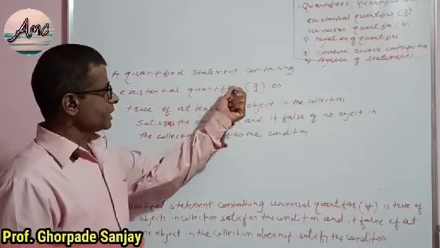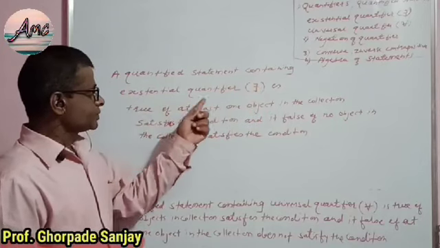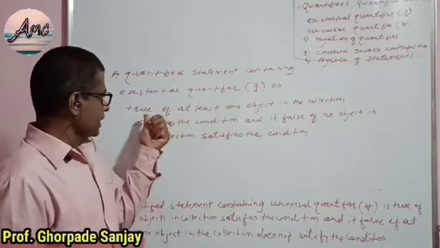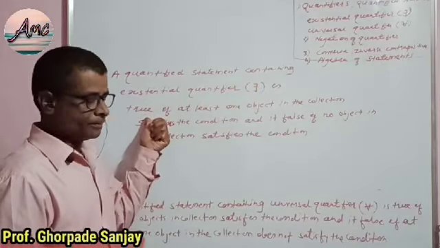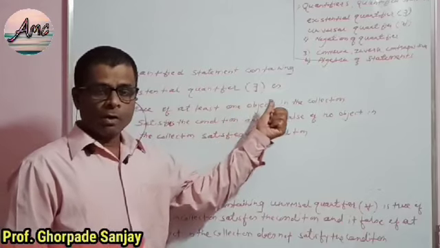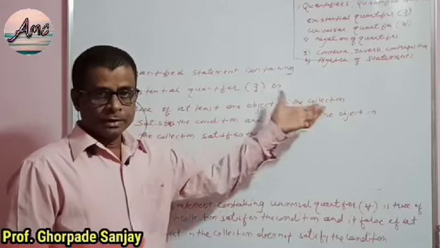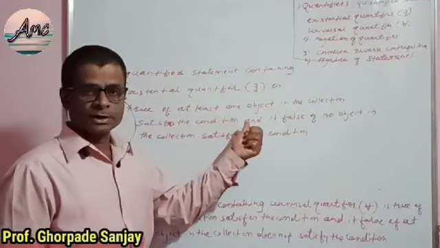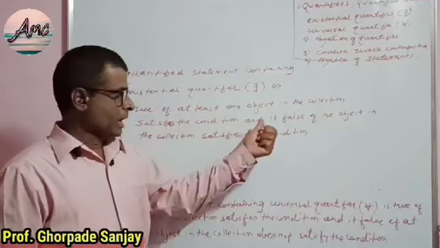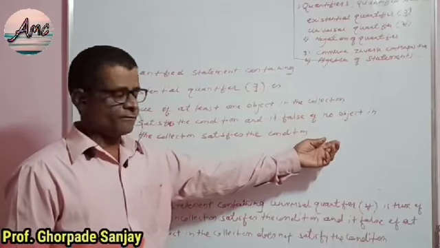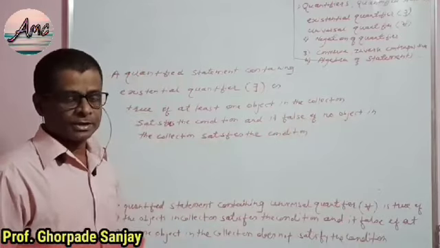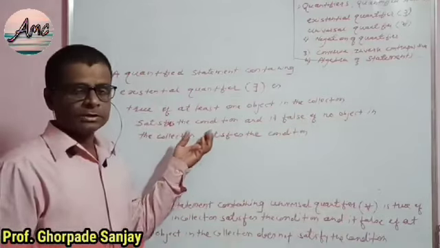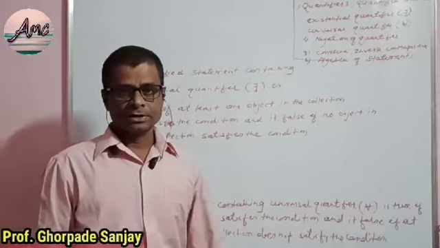A quantified statement containing an existential quantifier is true if at least one object in the collection satisfies the condition. And it is false if no object in the collection satisfies the condition.